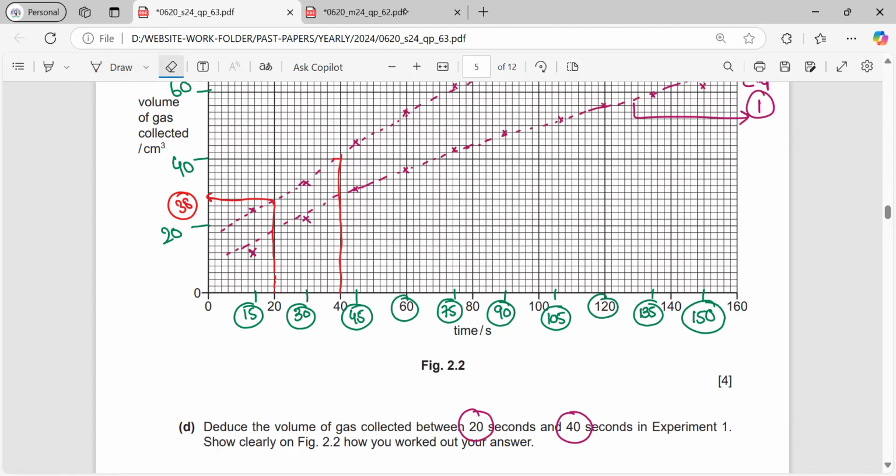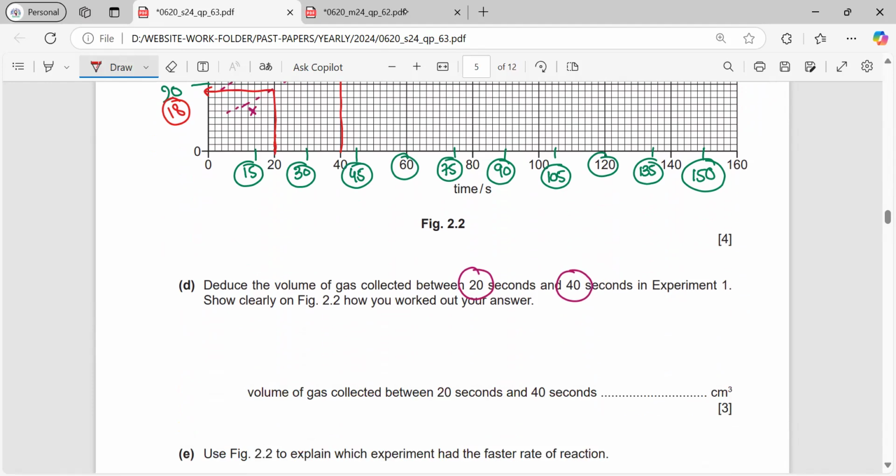Oh, sorry, we have to do it for experiment 1. I did it for experiment 2. So for experiment 1, we'll leave till here, and this is coming almost 18. For 40, we'll extend it upwards, and then extend it backwards, and it's coming almost 30.